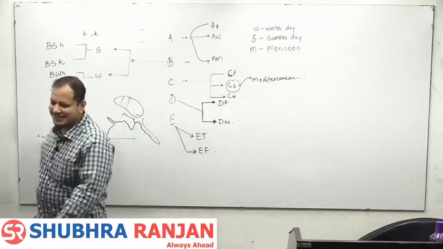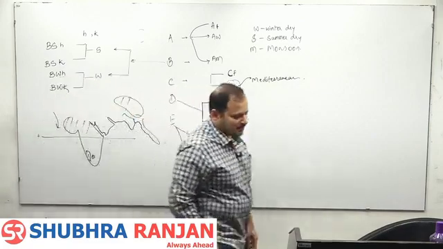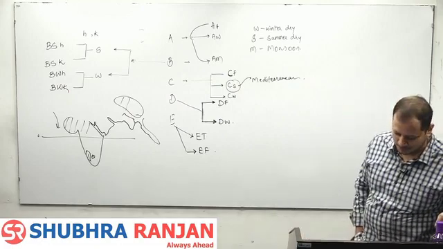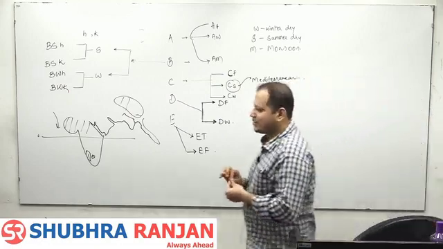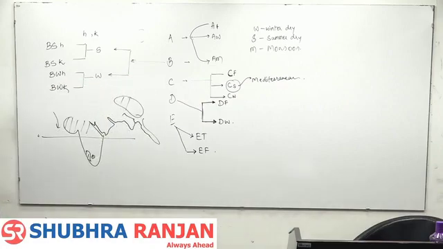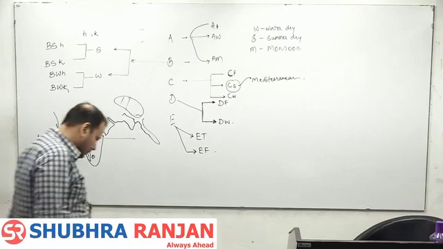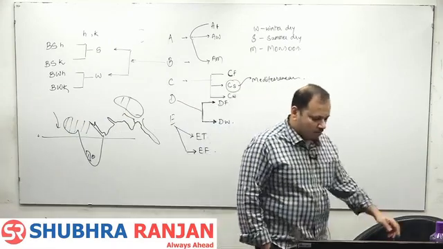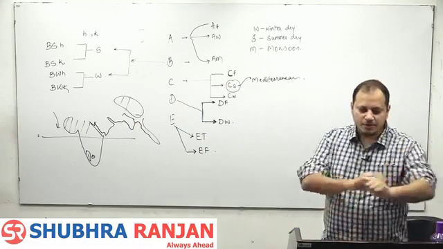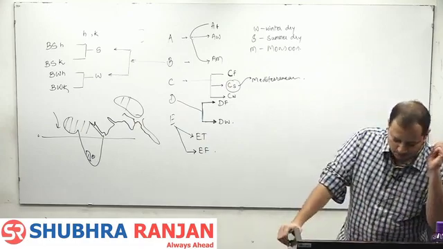First, the most important demerit, there is undue importance to temperature and precipitation, more importance to temperature and precipitation.